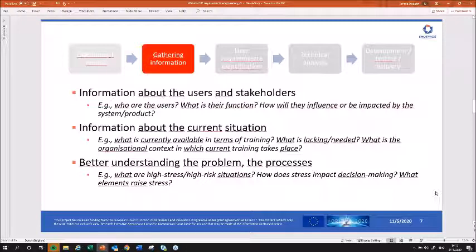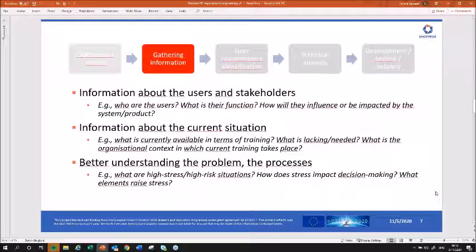For example, what kind of elements increase your stress levels? What are factors that you can encounter during your interventions, or other factors that might be more stable, such as personality or organizational factors, that influence your decision making processes in the field? All these questions need to be answered to understand the processes that you have to intervene in.